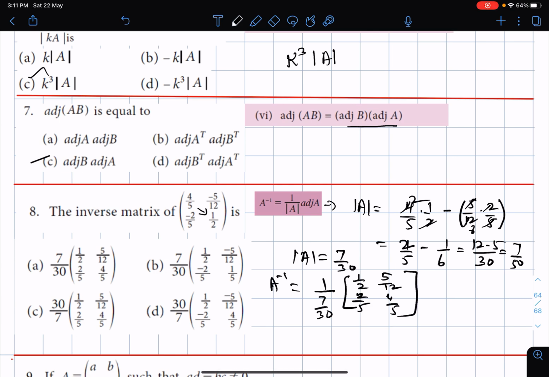So this is going to be your answer. The 7 by 30 will become 30 by 7 into 1 by 2, 5 by 12, 2 by 5 and 4 by 5. So this is going to be our A inverse. Where have we got this? It is in C, so you can pick your answer as C.